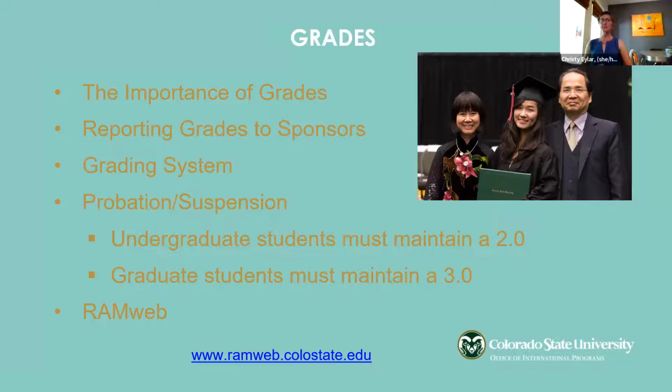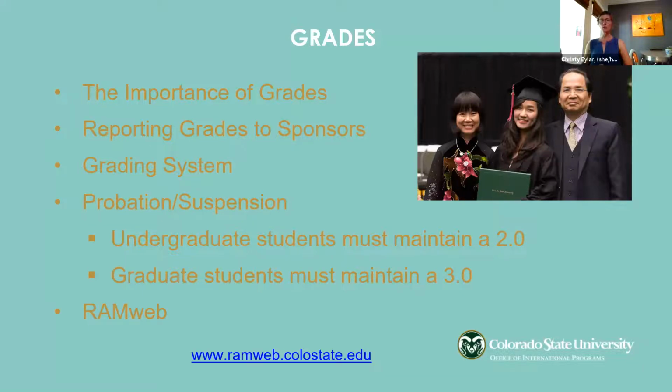I want you also to be aware of CSU's requirements for you to maintain good academic standing. So undergraduate students, you must maintain a 2.0, which is a C average, in order to maintain good academic standing at CSU.